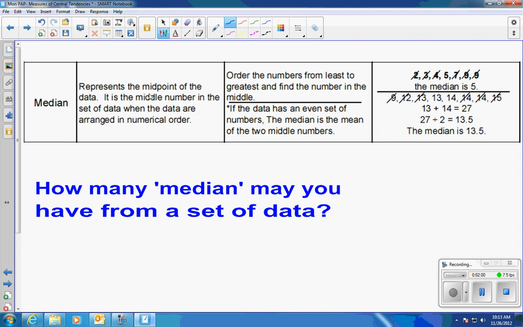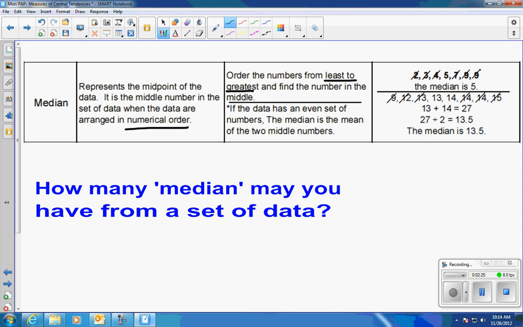The median represents the midpoint of the data, or the middle number in that data, when the data is arranged in numerical order. So that's the most important thing. It needs to be in numerical order. So we're going to order the numbers from least to greatest, and then we're going to find the number in the middle. For example, 2, 3, 4, 5, 5, 7, 9, 9.